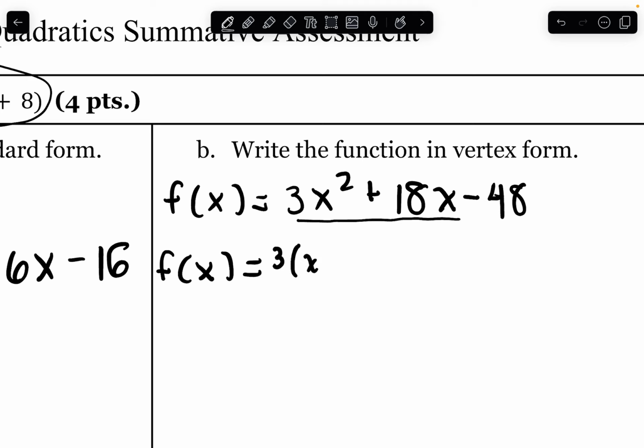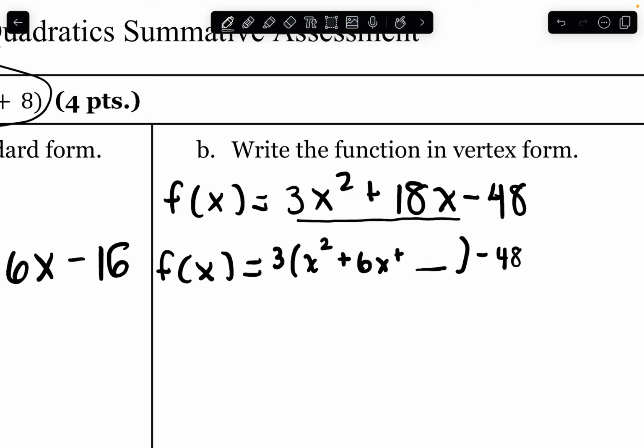So it looks like this: x squared plus 6x, and then you're going to add something here, but you leave the 48 alone. The 48 did not get factored out. The 48 was not divided by 3.